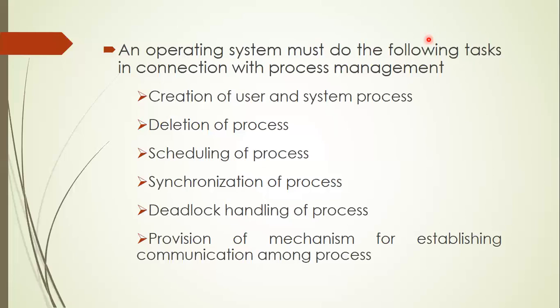A system process could be booting the system, shutting down the system, etc. Then deletion of a process, and scheduling of a process. Scheduling means prioritizing the job. Then synchronization of processes for bringing out coordination, deadlock handling, and provision of a mechanism for establishing communication among the processes. These are the six different responsibilities of an operating system with respect to process management.